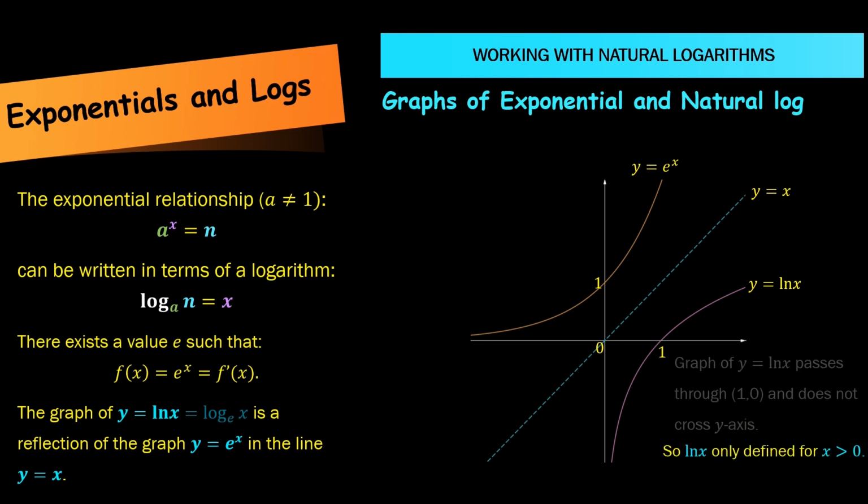And also note that the natural log is only defined for x greater than 0. Notice in the graph of the natural log, we begin with a rapid increase and then a slow increase.